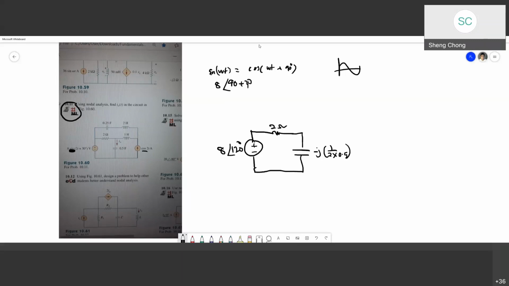Oh, yeah, sorry. Yeah, negative. So this one will become 60. So this one will become 0.5 multiplied with 2, and then inverse should be 1. So this one is negative j1.